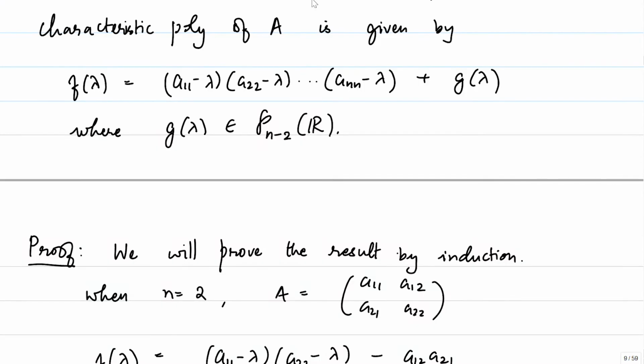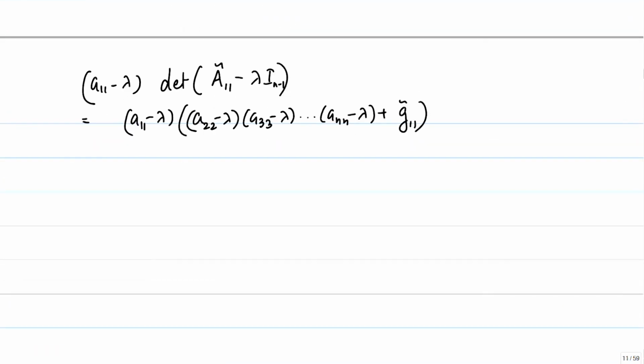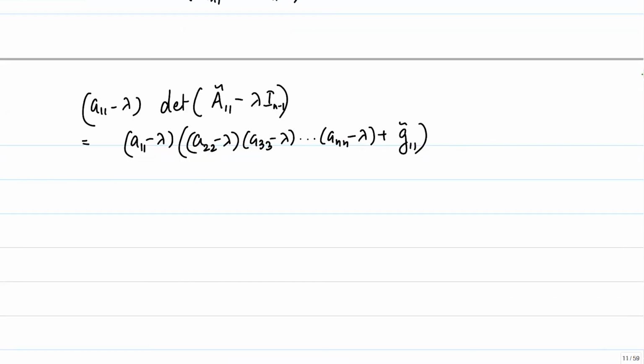So notice what our statement was. The statement was, I'm underlining it in green, the characteristic polynomial has this particular form. This is the form of the characteristic polynomial of A. In our case, our A now is A11 tilde, which is the matrix with diagonal A22, A33, up to Ann. This is exactly what it will turn out to be.